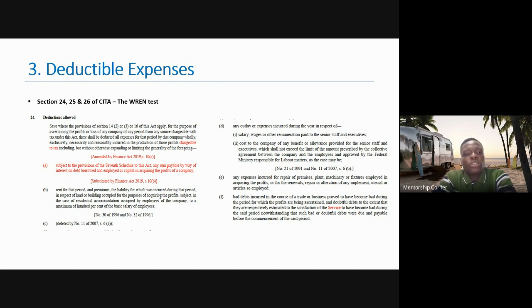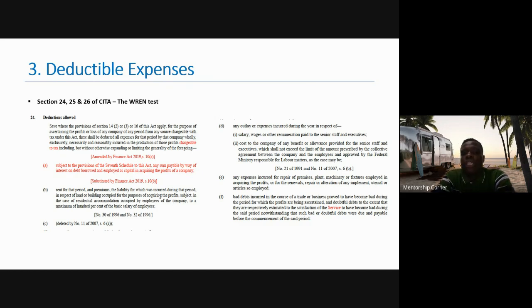Under section 24, it talks about, subject to the provision of the 7th schedule of this Act, any sum payable by way of interest on borrowed debt and employed as capital in acquiring profit of a company. So what this is simply saying is that there is a kind of restriction under the seventh schedule, which talks about interest on certain loans and borrowings.